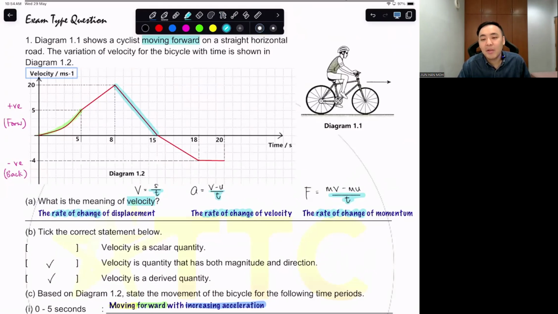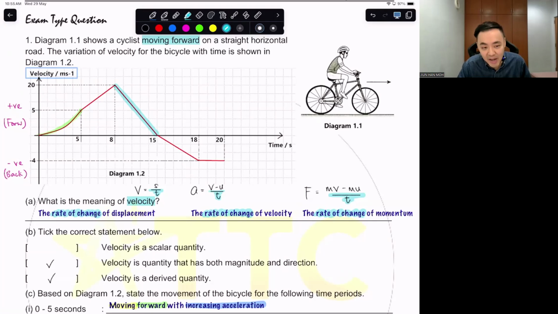Forward or backward? The blue color one. Why do I still see people writing backward? I already explained. Positive. Moving forward. And then it's going down. It means what? Velocity drops.